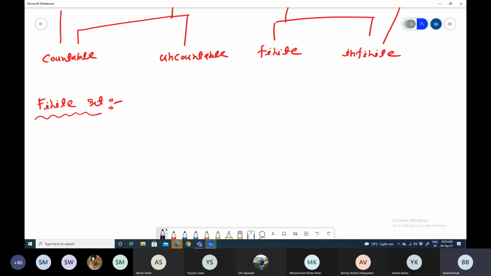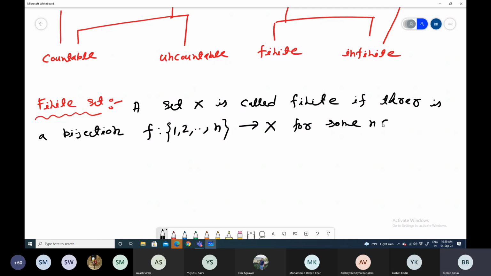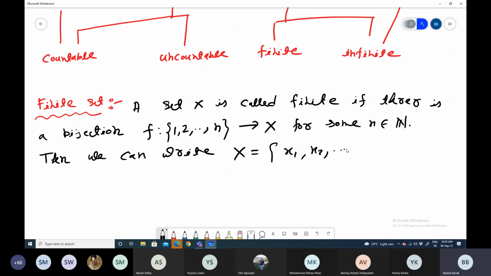So first start with the finite set. So a set X is called finite if there is a bijection f from {1 to n} to X for some n belongs to natural numbers N. Okay, and then we can write X as the set x1, x2 up to xn.